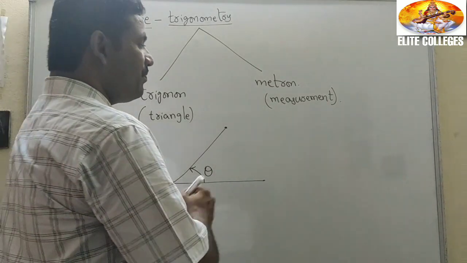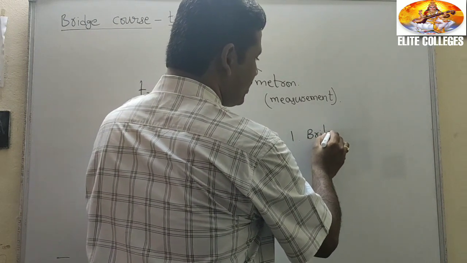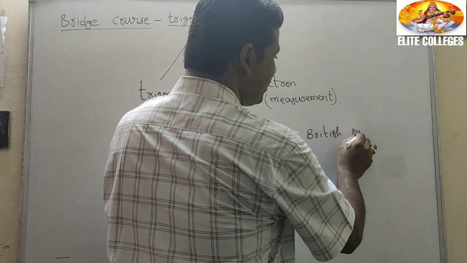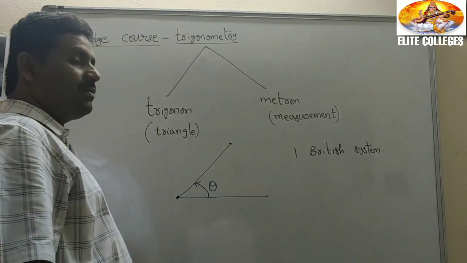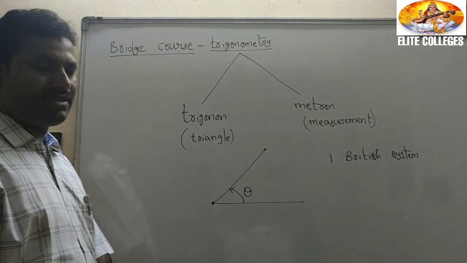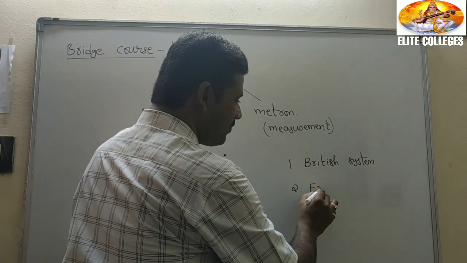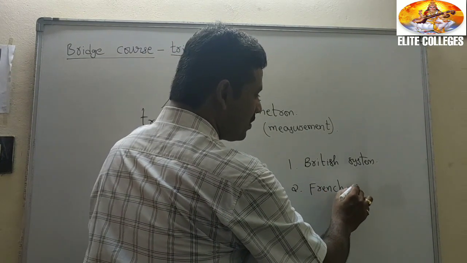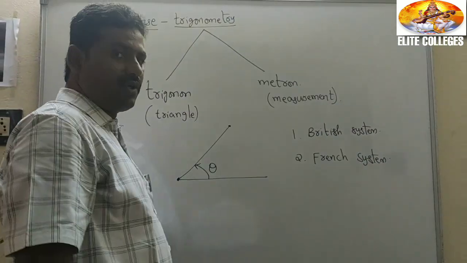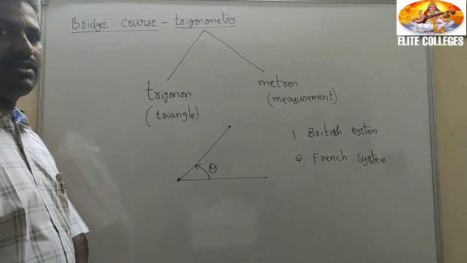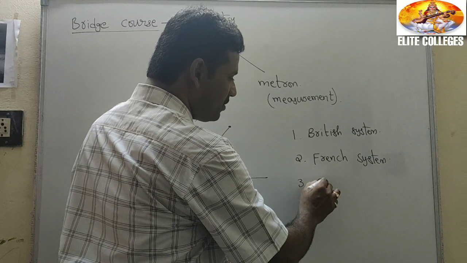To measure the angle, we have three systems. One is the British system or sexagesimal system. The second one is the French system or centesimal system. And the third one is the circular measurement.